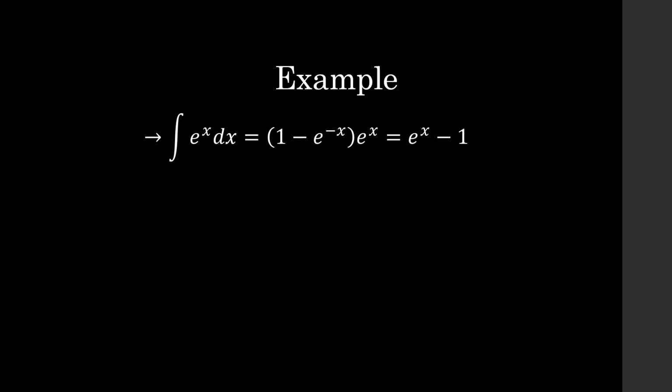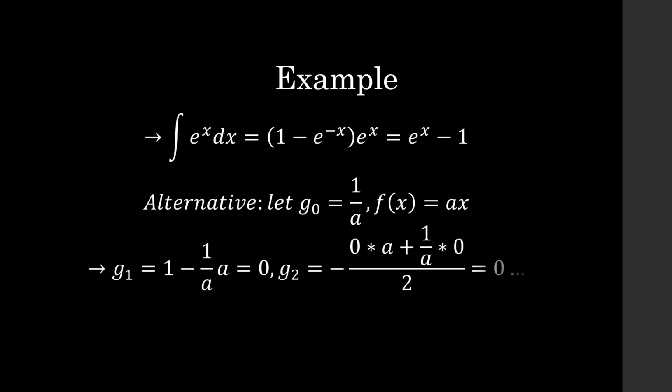Now, if you don't like the fact that we have this minus 1 term, there's also another way that we can do it. Alternatively, if we let g naught be the inverse of some constant, where that constant is the slope in a linear line for f of x equal to ax, we can instead go through this solution with g naught not equal to 0.